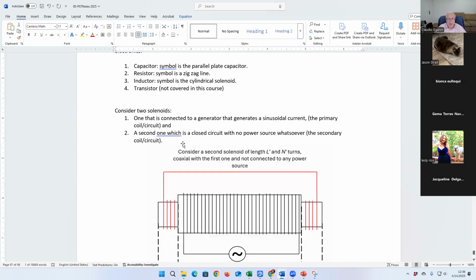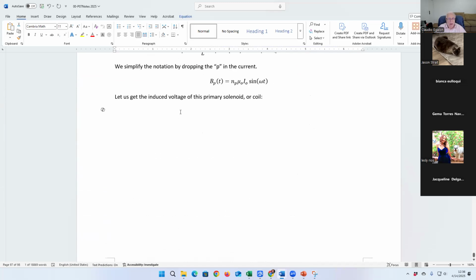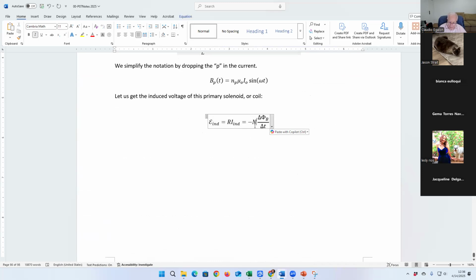right in here, Faraday's law. Faraday's law, right? This one right in here. And where this N is N_P, and this flux is the magnetic flux of the primary coil.